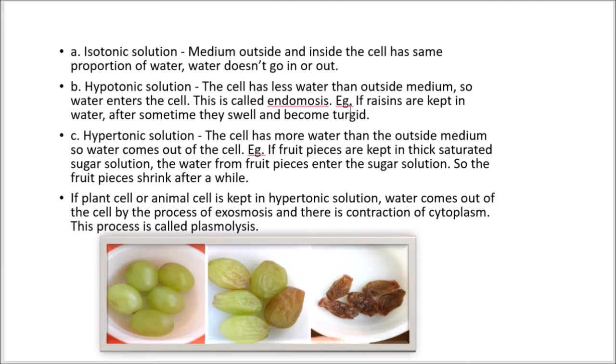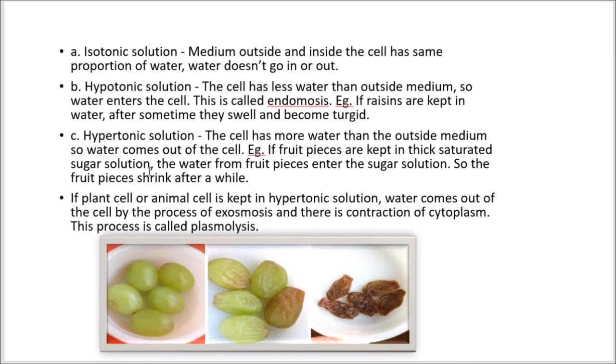The next is the hypotonic solution. The cell has less water than the outside medium, so water enters the cell. This is called endosmosis. For example, if raisins are kept in water, after some time they swell and become turgid, like in the first picture.